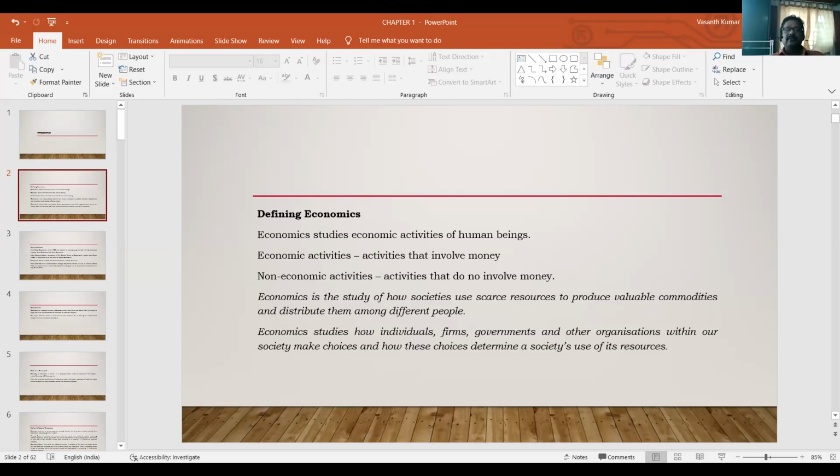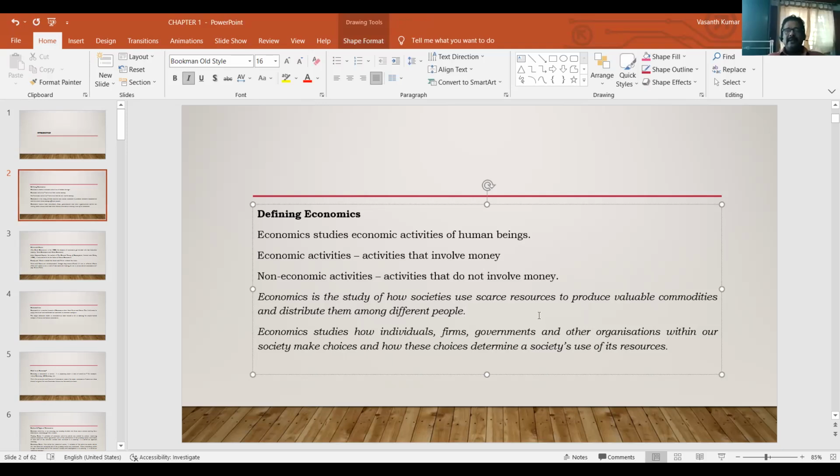Why? Because that needs the payment of money to the maid. So these activities are economic activities. Economic activities are those which involve money, whereas non-economic activities are those which do not involve money. This is the difference between economic activity and non-economic activity.